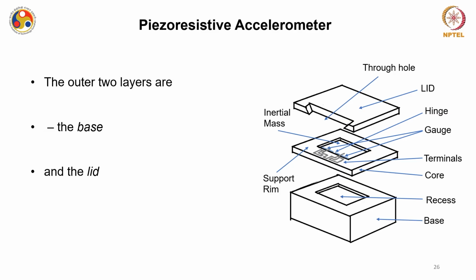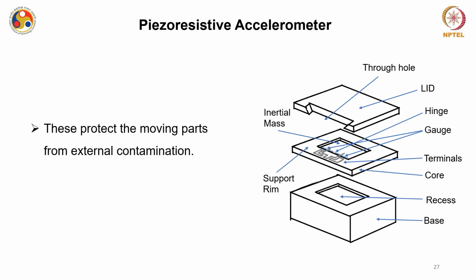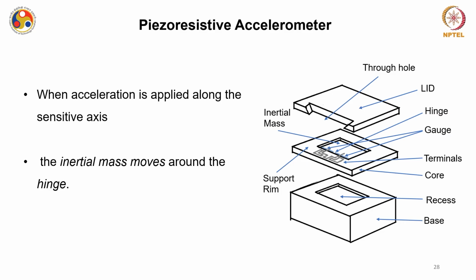The outer 2 layers are basically a base and a lid. So we have talked about 3 different layers. This is the internal layer which contains the inertial mass, and then 2 different layers, one is the base and another is the lid. Now these have 2 functions. One is they protect the moving part, this inertial mass. So the lid and the base protect the moving part from external contamination.